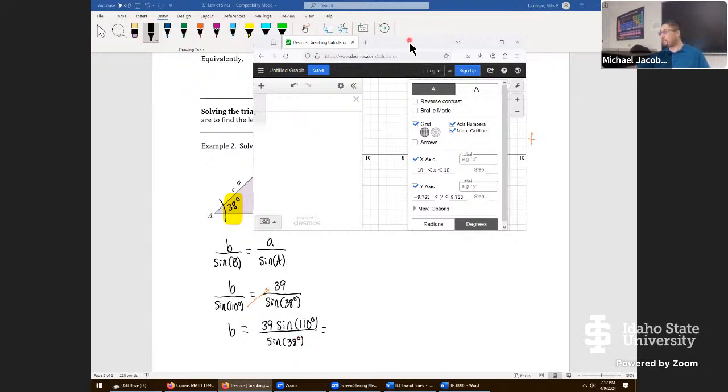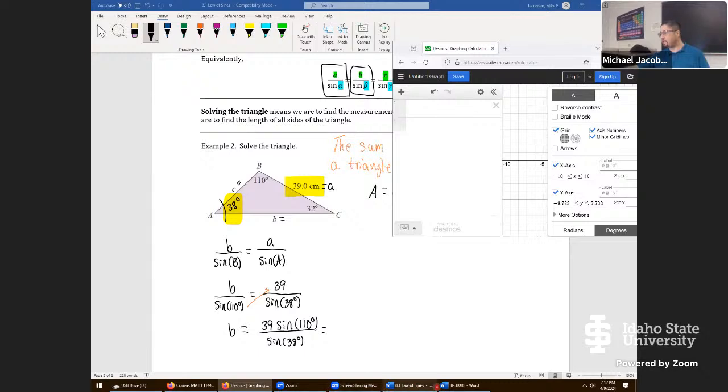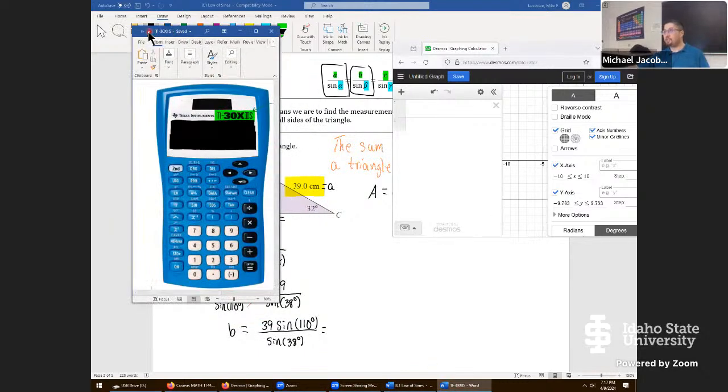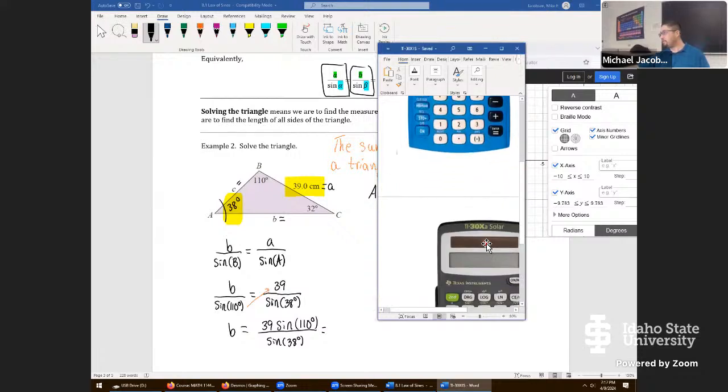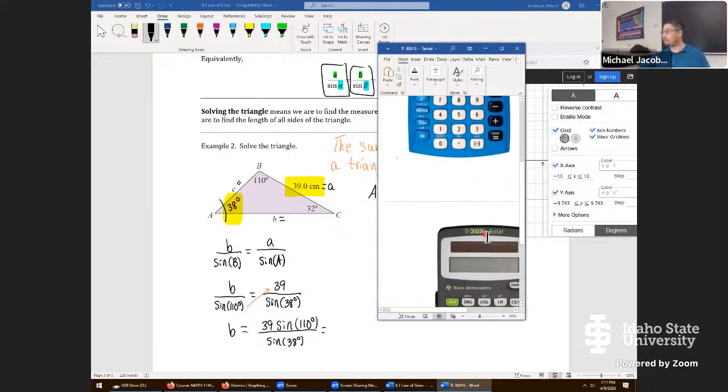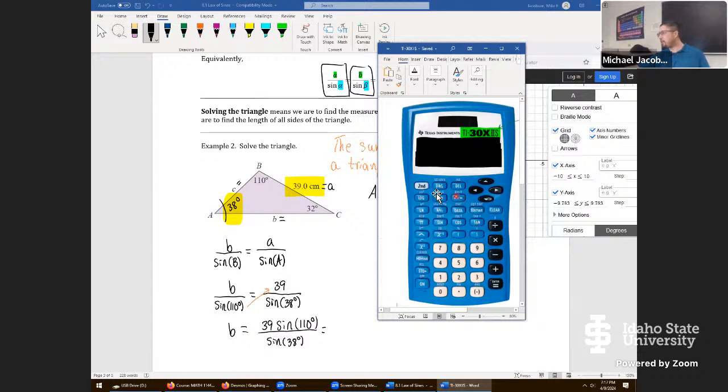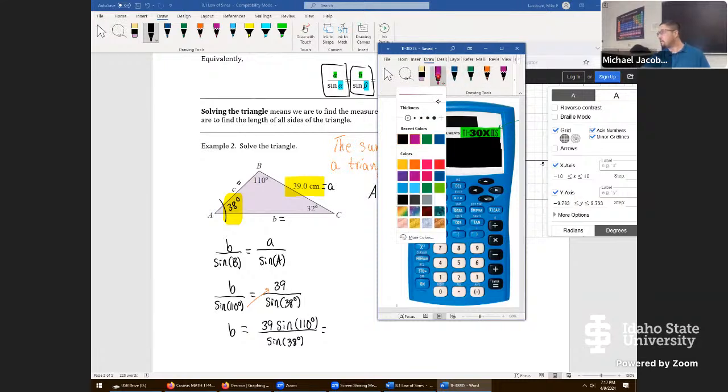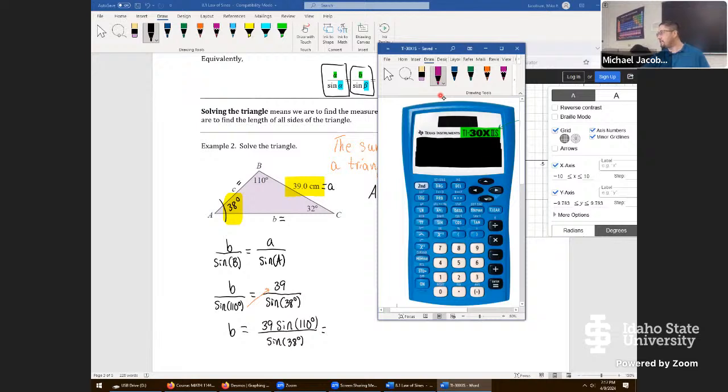On the calculator you're probably using, which would be, say, this one, or the infamous TI-30XA, if you prefer that calculator, make sure you hit this button that says DRG until you see right here that it says DEG, for degrees. So if you've got that, you're in good shape.